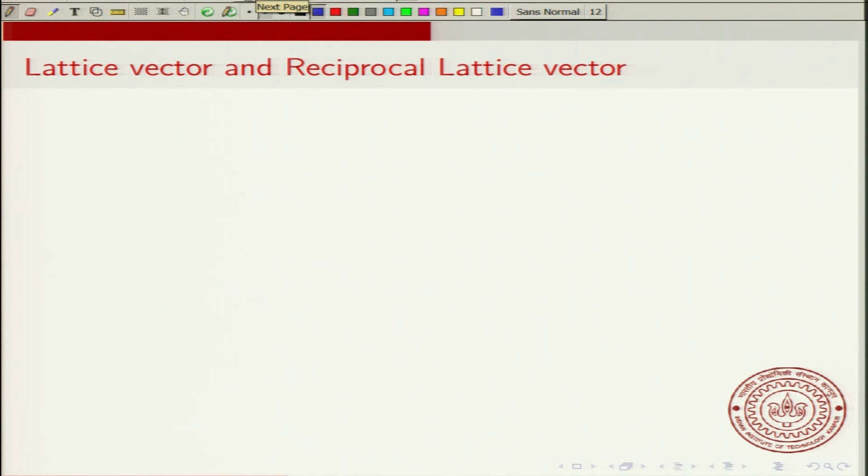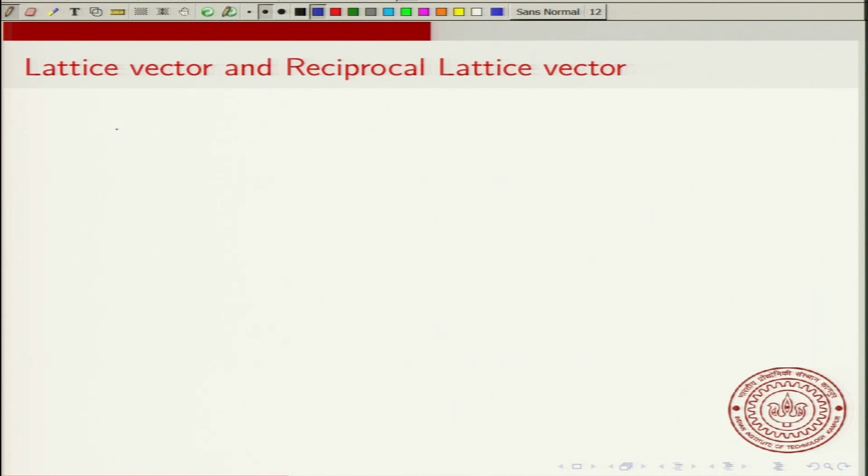And now this will actually be fairly useful to analyze Bragg scattering. Before I do that, I just want to introduce the concept of a reciprocal lattice vector. To do this, we will start in the following way.